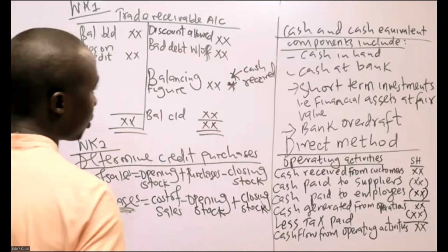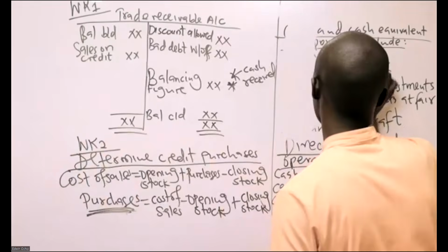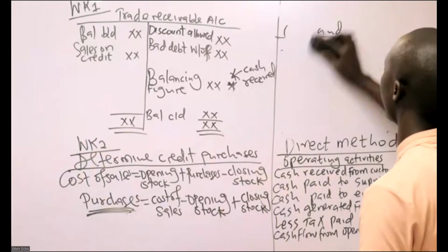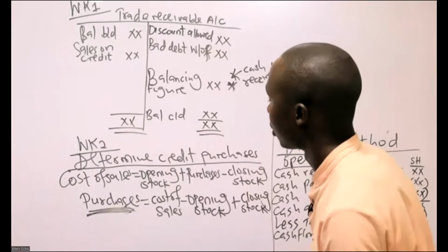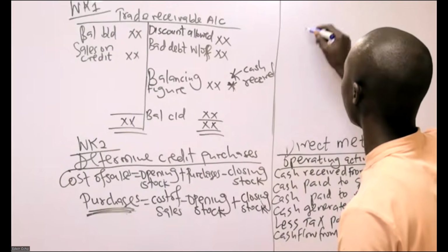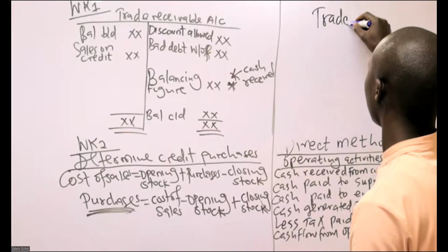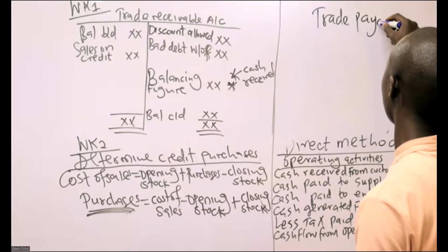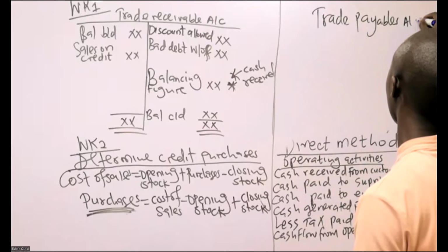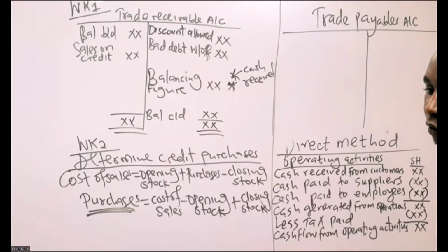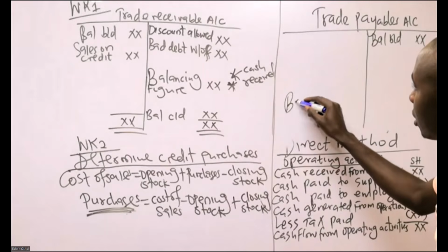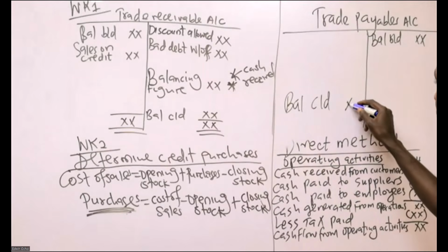So after getting the credit purchases, you prepare the trade payables account, not the receivables, your suppliers. For the trade payables account, remember the balance brought down is on the credit side, and balance carried down here.